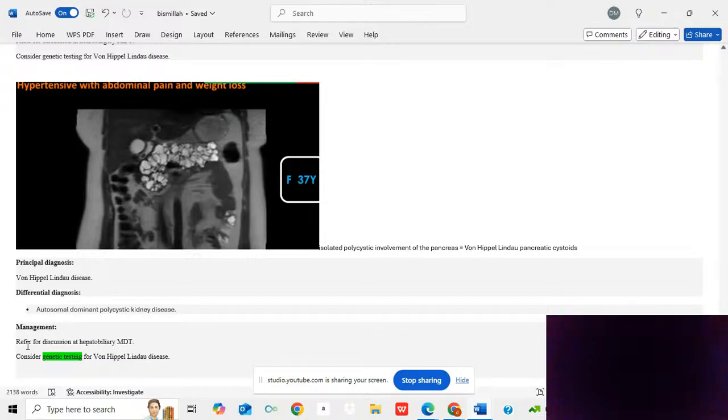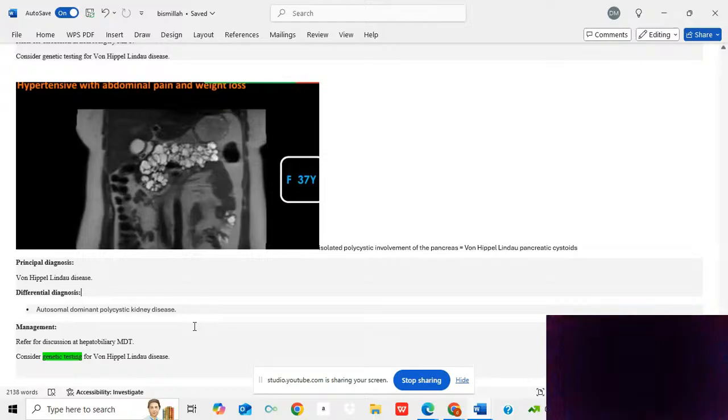The management here: you need to refer for discussion at hepatobiliary MDT, and also you need to consider genetic testing. So in this case, you need to consider genetic testing for von Hippel-Lindau.